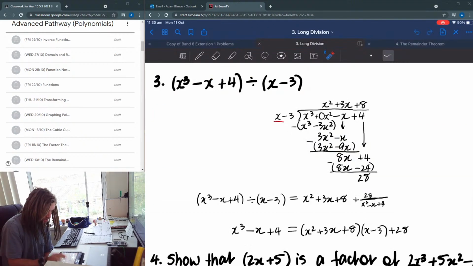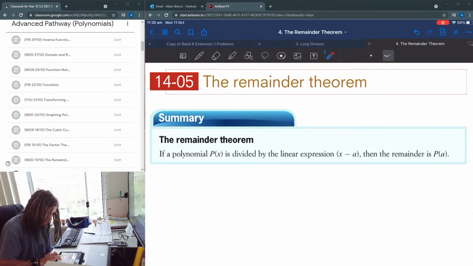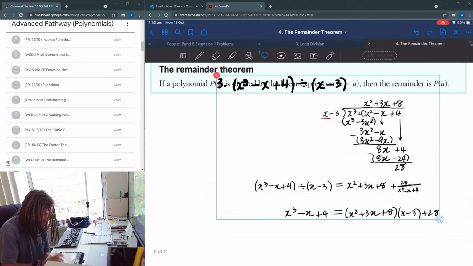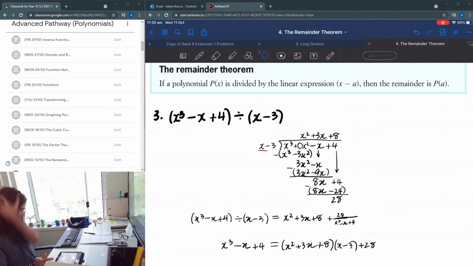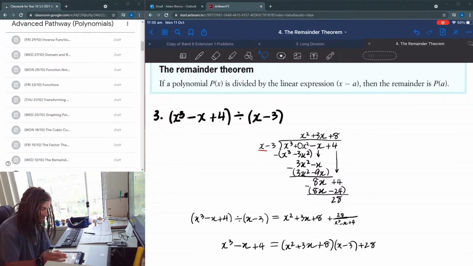But we can check. I'm going to paste the working out from the third question we did in the earlier part of the video. I looked at this and thought there's no way it's that simple. So let's go.